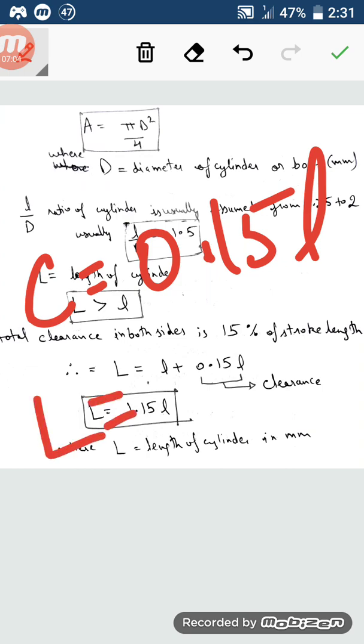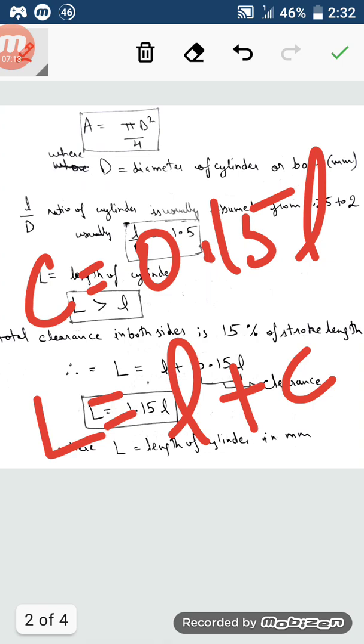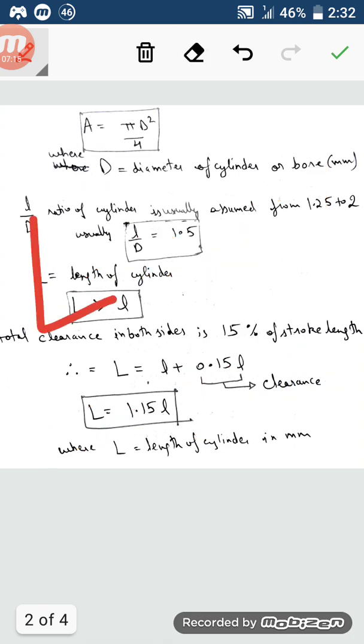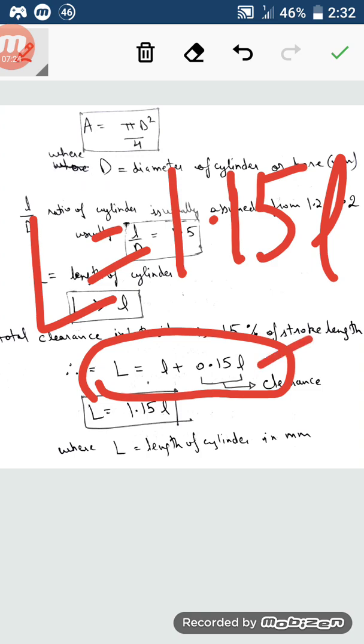My L is equal to small l plus clearance, as I already showed you via the diagram. So L will come equal to 1.15 l after adding this. This is my clearance, and this is my stroke length.